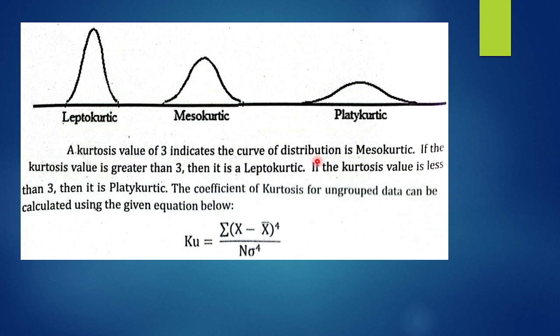So, for the ungrouped data, we're going to use this formula: Ku, that is the denotation for kurtosis, equals the summation of the quantity of x minus the mean, powered by 4, all over n, which is the total number of frequency, multiplied by the standard deviation raised to 4. So that is the formula of kurtosis. Now, if it is 3, then we can call this kurtosis mesokurtic. Same goes if larger, leptokurtic; if smaller, platykurtic.